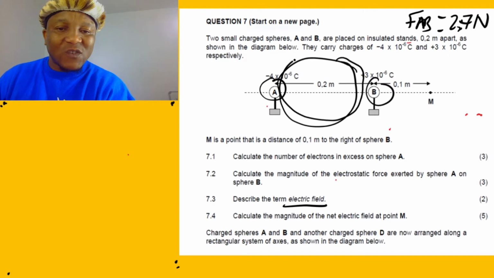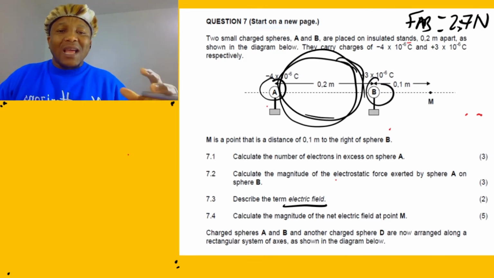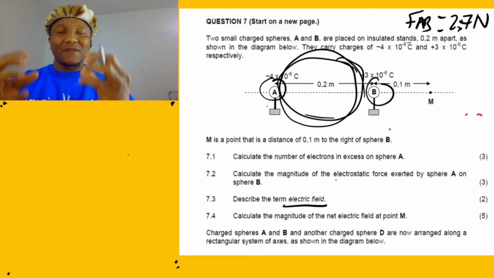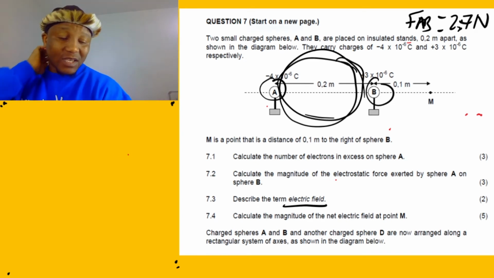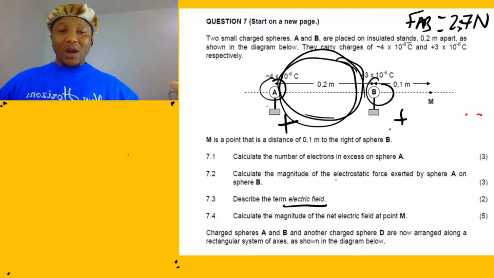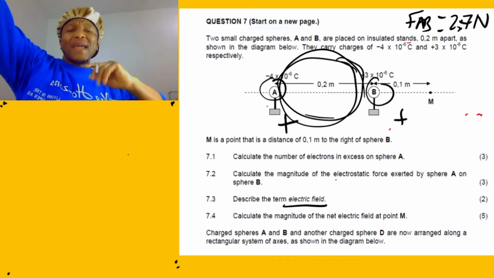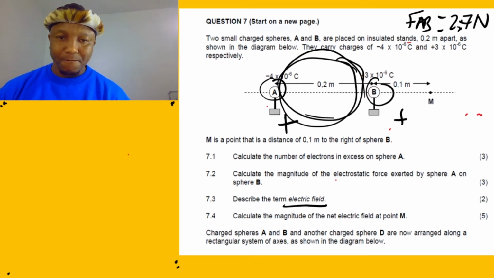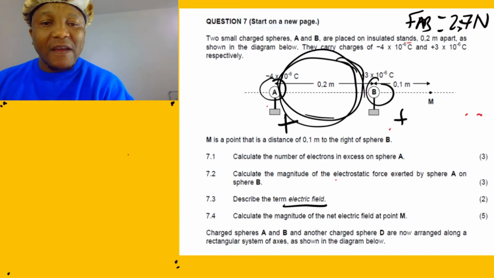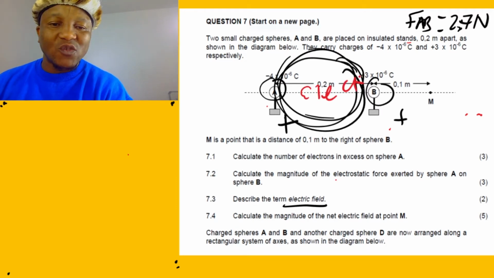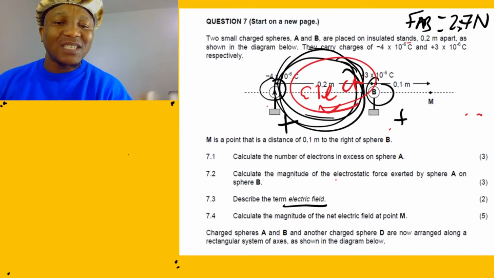In this case there is attraction because they have different charges. But if they have the same charge, say this is positive and this is positive, they're going to repel one another. They'll say, you go there, I'll go the other side, because they have the same charge. So this region here we call the electric field, because it's where a force of attraction or repulsion appears.